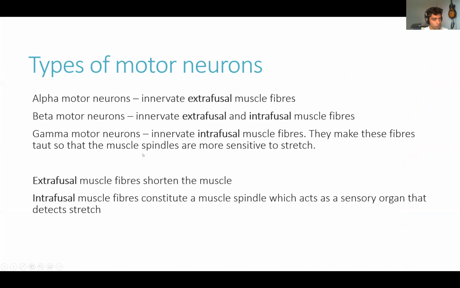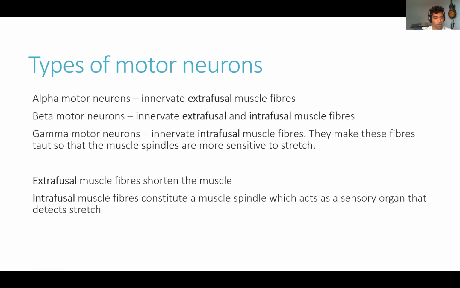Cool. So different types of motor neurons. There's alpha motor neurons, which control the extrafusal muscle fibers. Now the extrafusal muscle fibers cause movement. The intrafusal muscle fibers constitute a muscle spindle, and they keep the muscle spindle taut so that it's kind of tight, and therefore you can detect stretch.